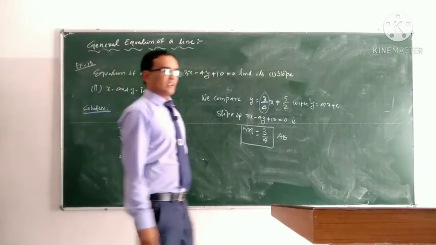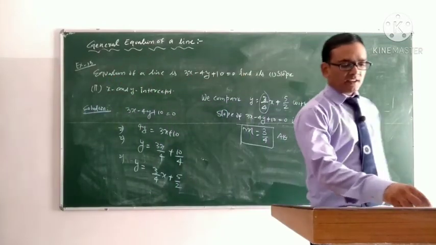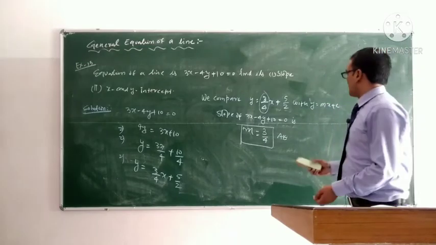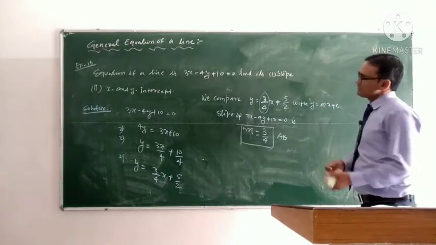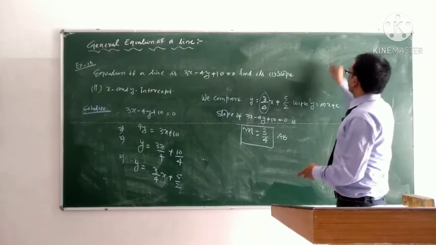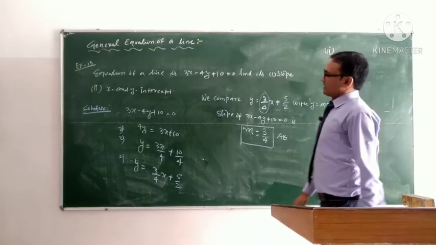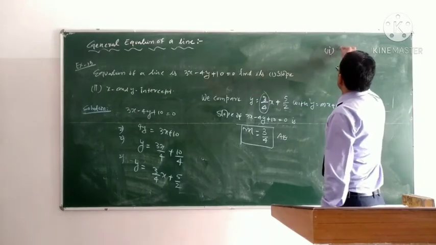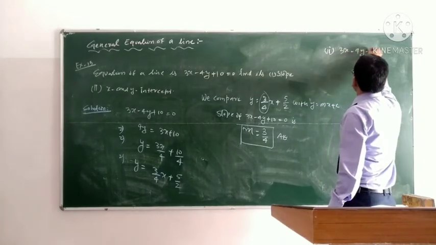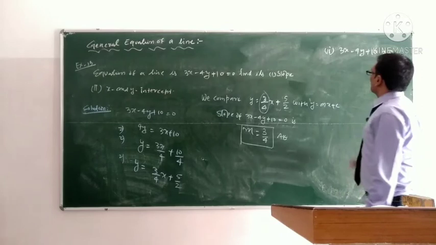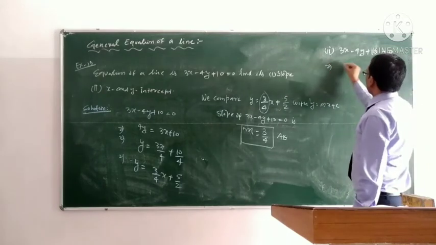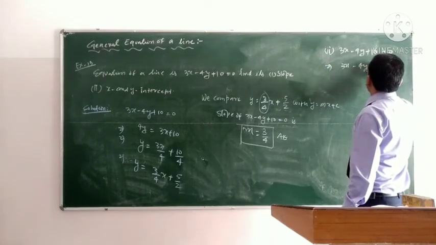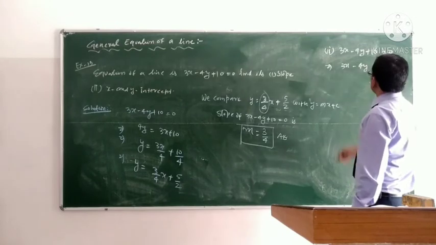We find the x and y intercept of this line. Okay students, for the x and y intercept we convert the line into intercept form. This implies that 3x minus 4y is equal to minus 10.